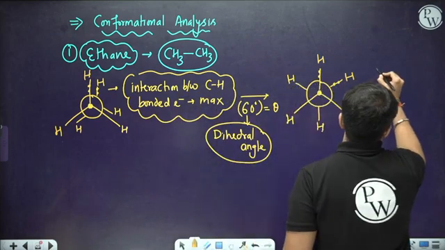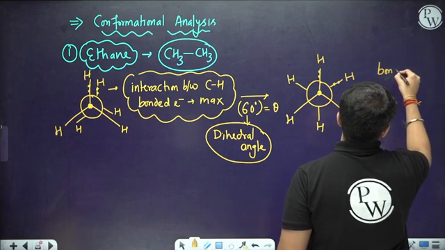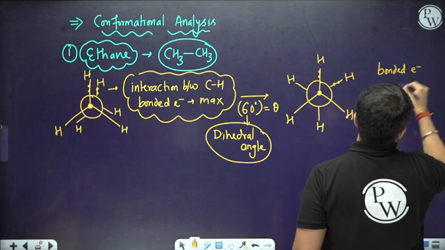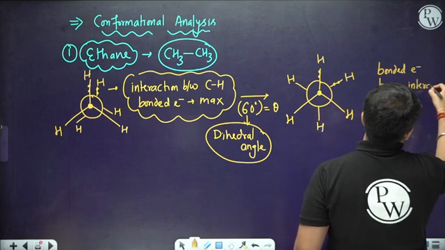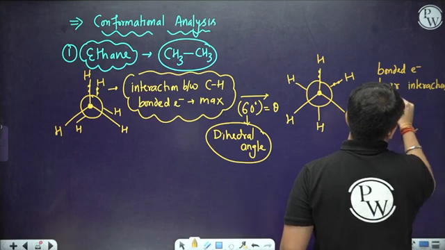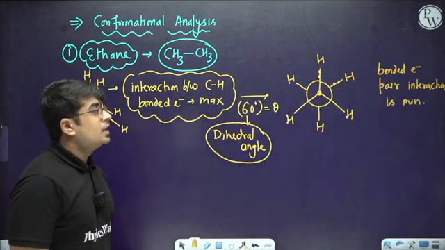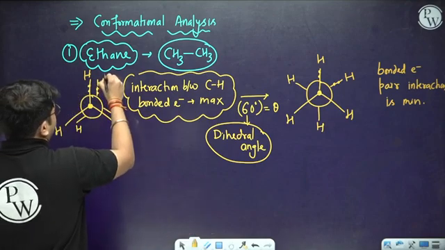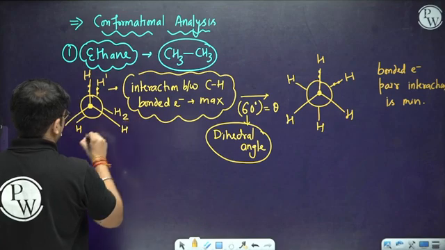The bonded electron pair interaction is minimum here. Let's say I am giving the names H1 to the front hydrogen, and H2 and H3 to the back.